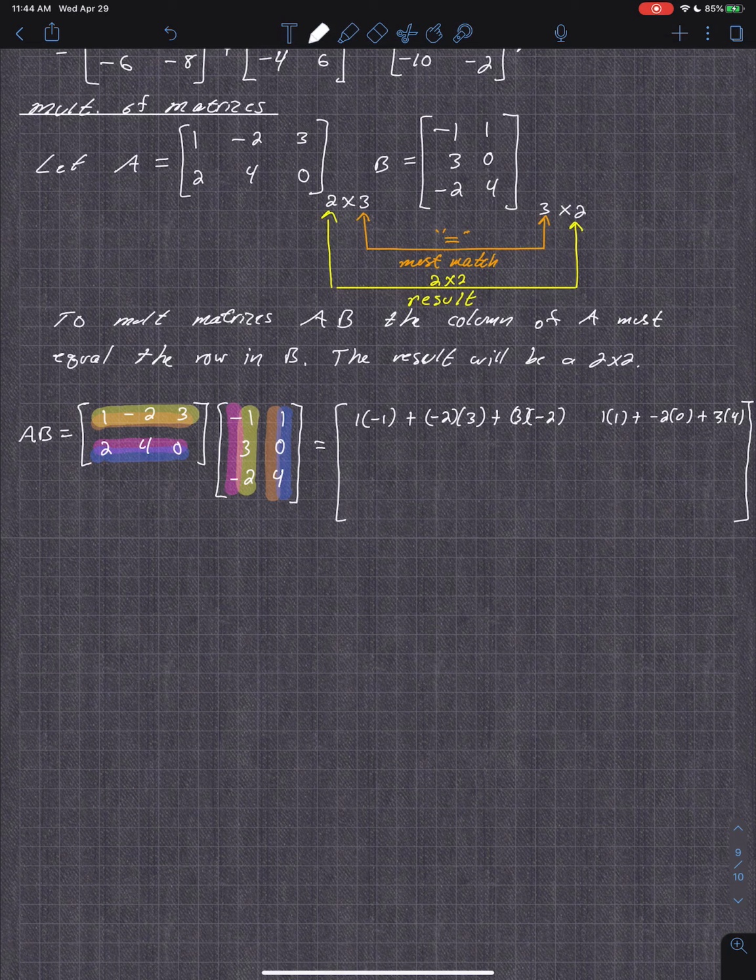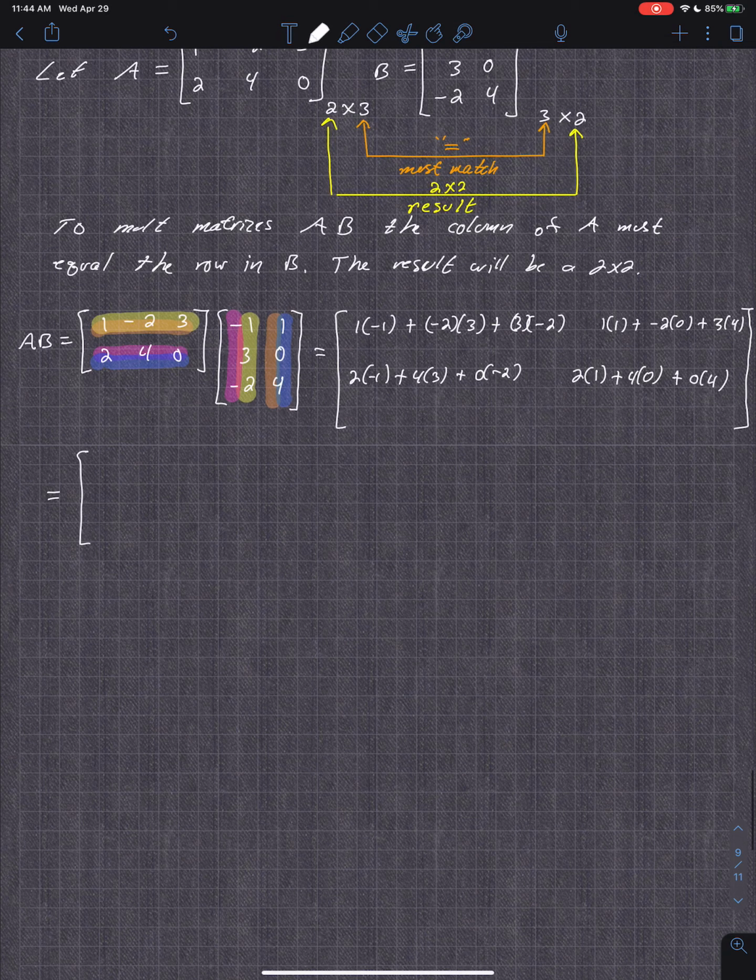So you get 2 times -1 plus 4 times 3 plus 0 times -2, and then 2 times 1, 4 times 0, and 0 times 4. And we simplify all that, and you should get -13, 13, 10, and 2.